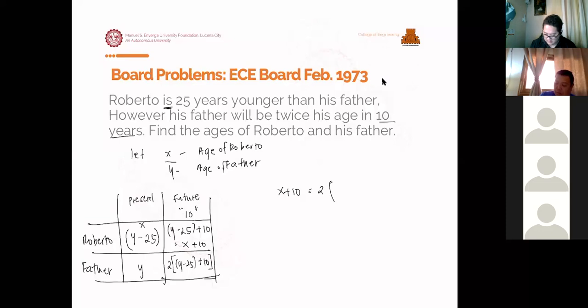Lang check ko lang yung problem. 25 years younger than his father. Okay, 10 years.